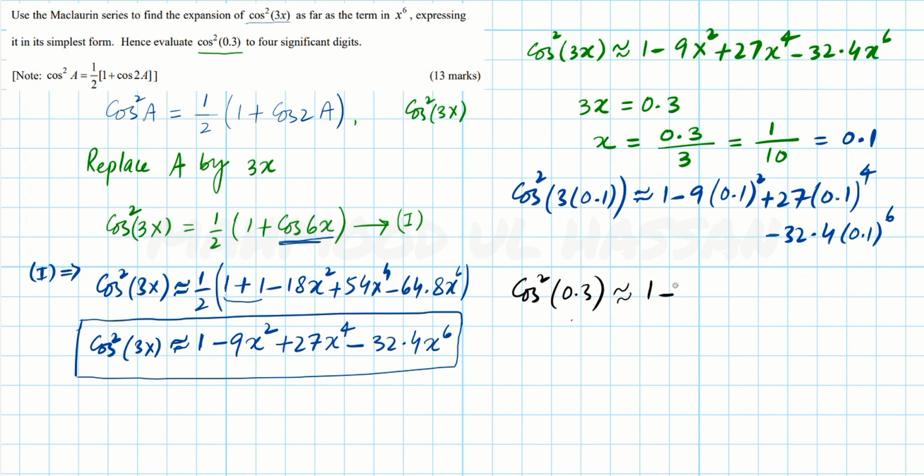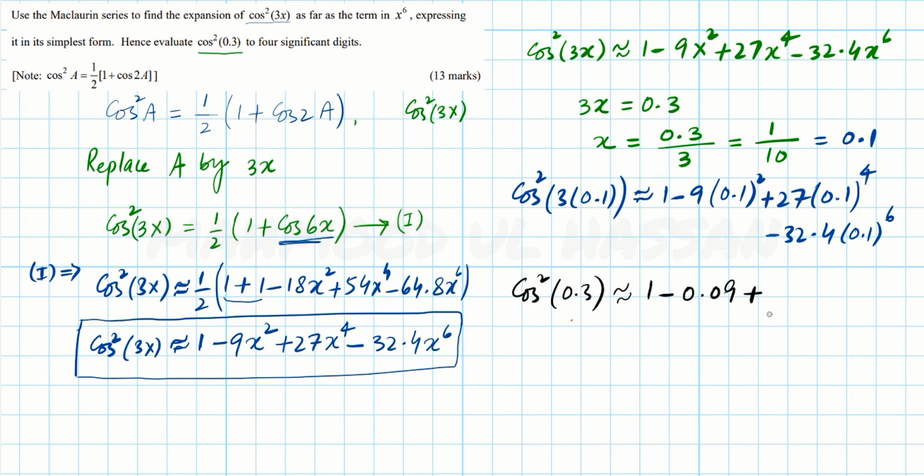That is going to be 0.09, plus 0.1 to the power 4 and then multiplied by 27.